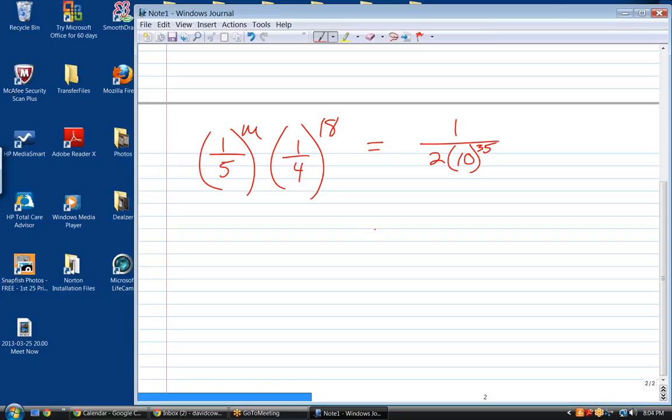So let's look at what we can do with the right side. Another thing that's important to realize is that if I say this, that is the same as this, because 1 to the 35th power is still 1.